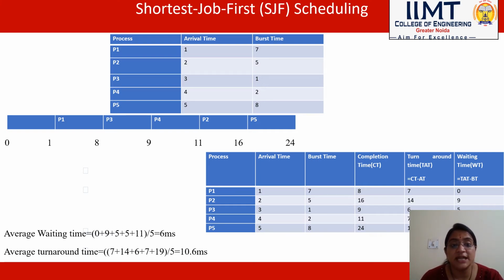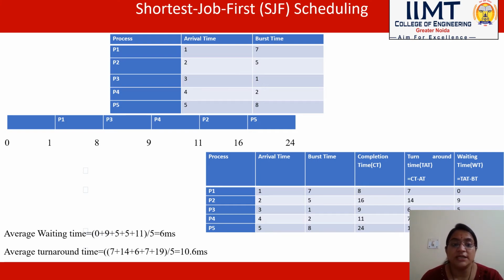So we can see that P3 wants only 1 second. It means process P3 has taken the CPU for only 1 second. So we allocate CPU to P3, and after that we can see the next process, P4, wants only 2 seconds for its execution.